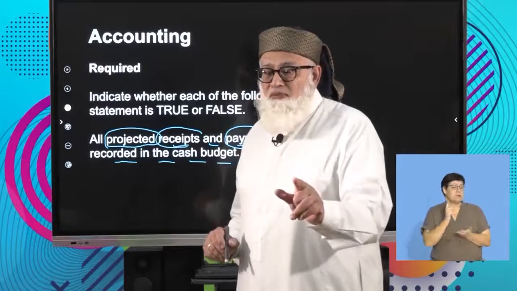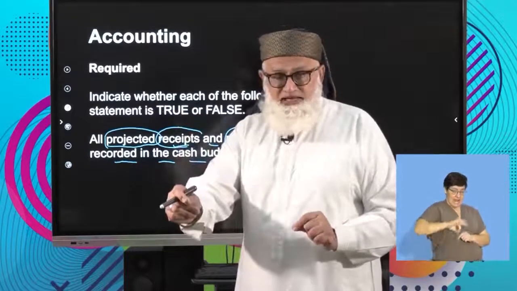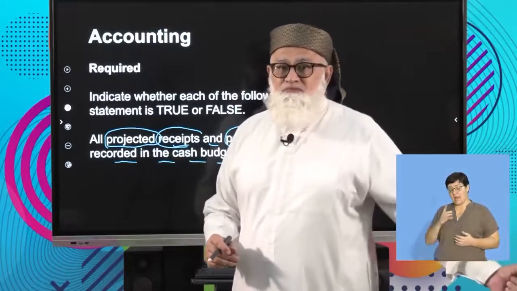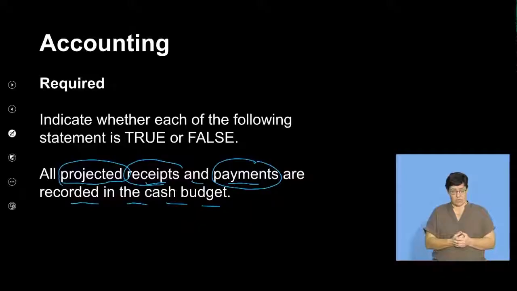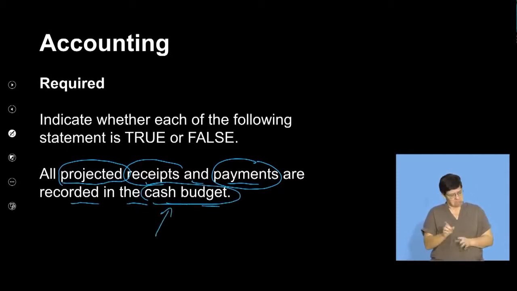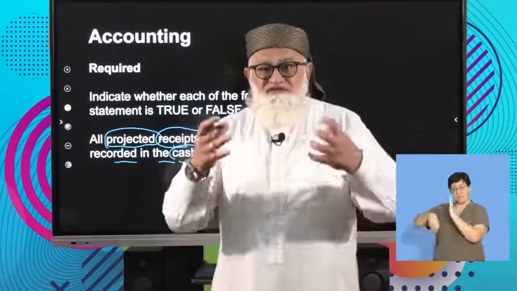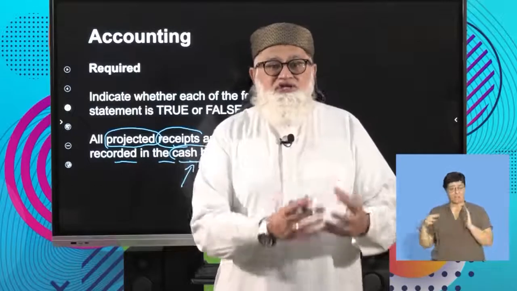Are we talking about the projected income statement or are we talking about the cash budget? It says here, recorded in the cash budget. Clearly you can see that that is true. Why? Your statement of receipts and payments is reflected in your cash budget.